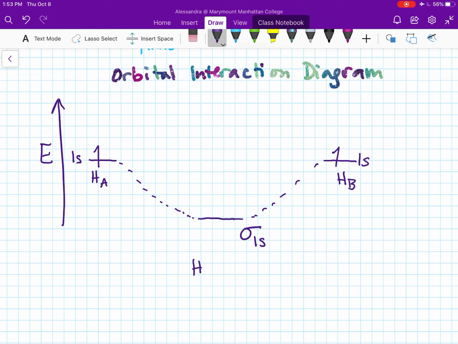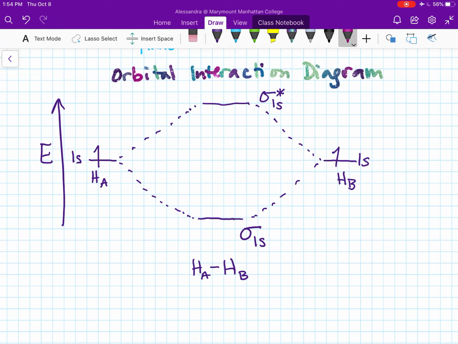And this is what happens to make the bond between hydrogen A and hydrogen B. But equally and opposite, I am also forming a destabilized high energy sigma star antibonding orbital. So you can see how the bonding interaction is lower in energy than the free atomic orbitals, whereas the antibonding interaction is higher in energy than the atomic orbitals.